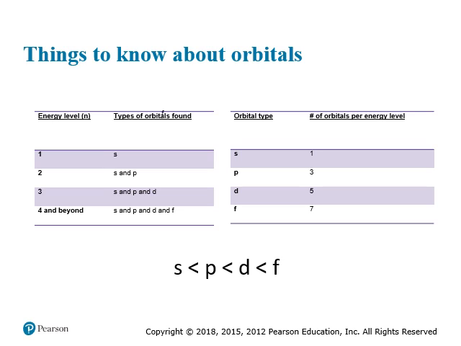Now, when s orbitals are present in an energy level, there's only one s orbital per energy level. Whenever we find p orbitals in an energy level, there are 3 p orbitals per energy level. Whenever we encounter d's, there are 5 per energy level.